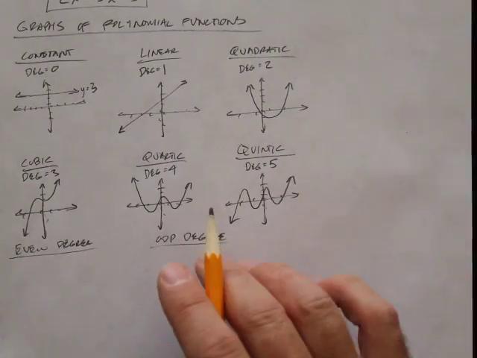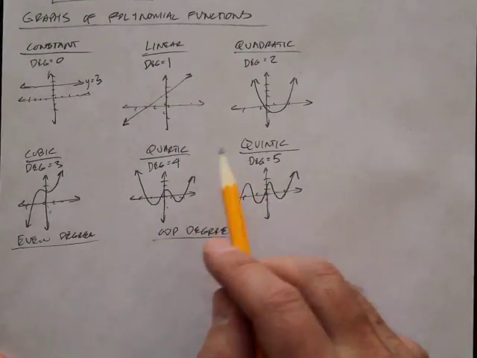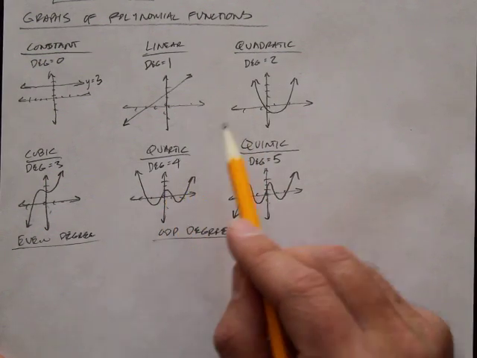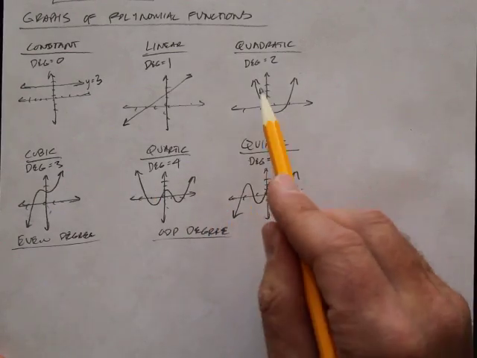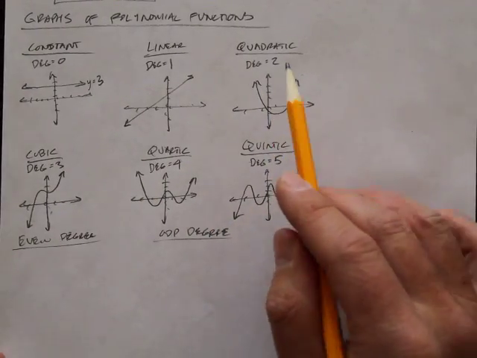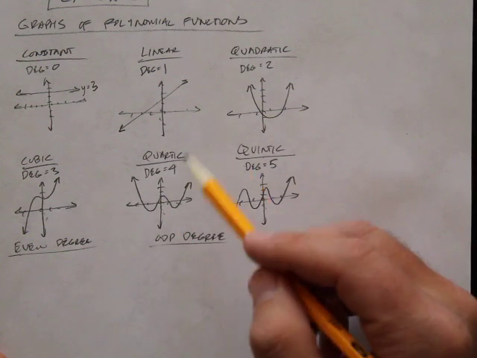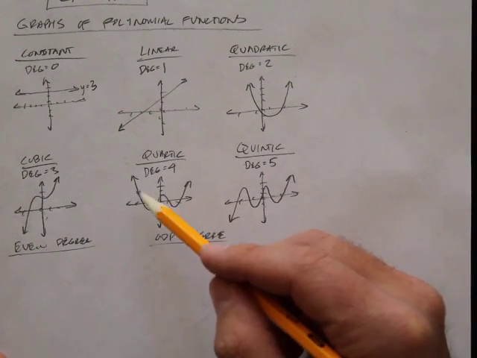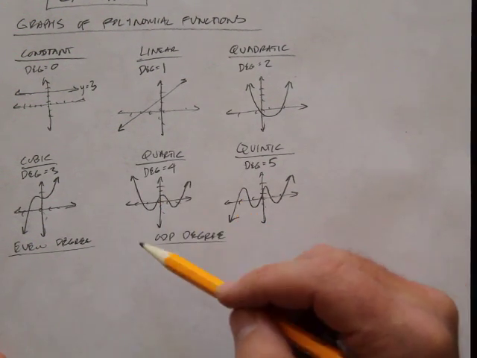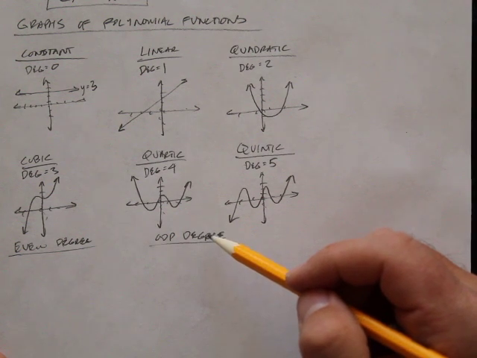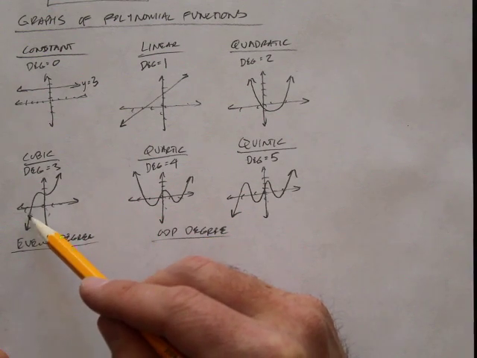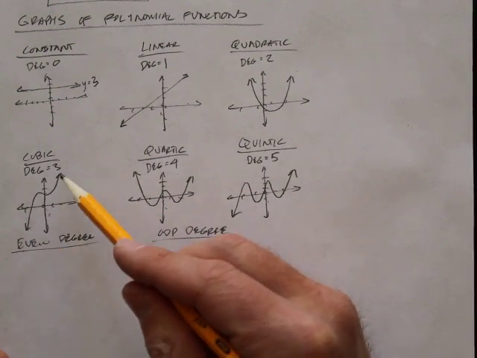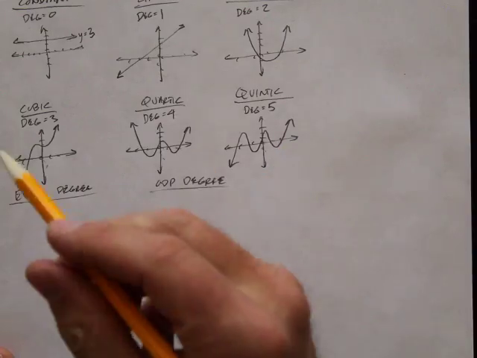Now, notice something here. If it is an even degree, notice how the arrows are going to be going the same direction, as in up or down. Both of them are going to be going up, or both of them are going to be going down. If the degree is odd, then one arrow is going to be going down and one is going to be going up.